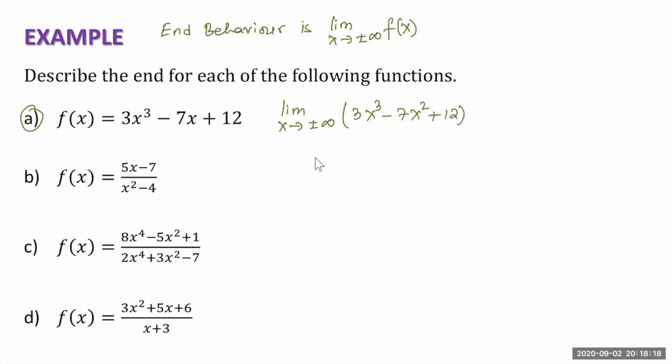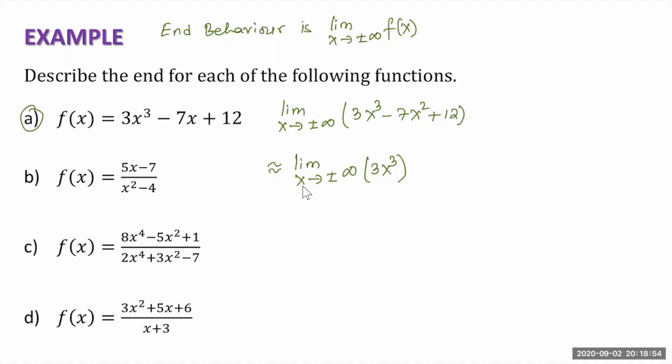One very important thing to note, whenever we want to find the end behavior of a polynomial function, the end behavior is just given by the leading term. So you can write this equivalently as the limit as x approaches plus or minus infinity of 3x cubed. So it is just given by the leading term.